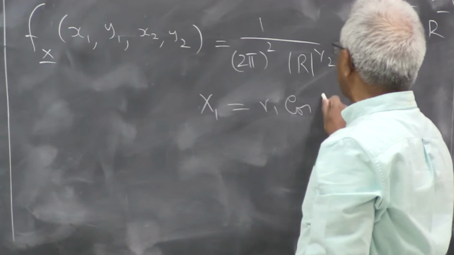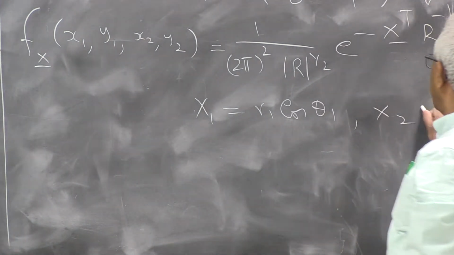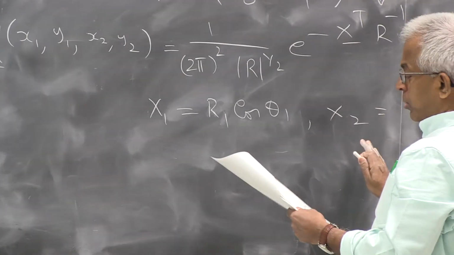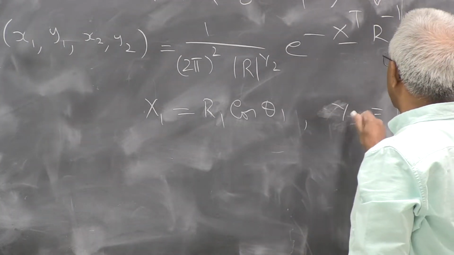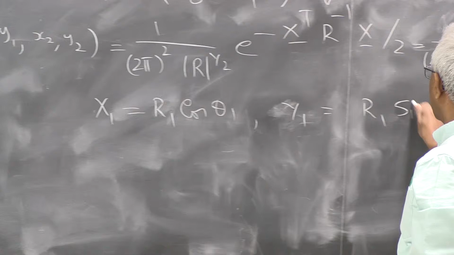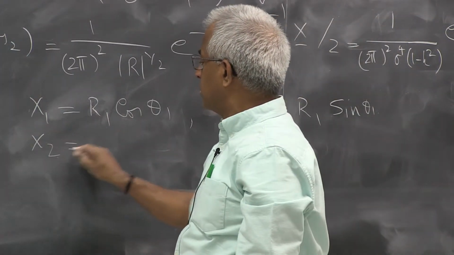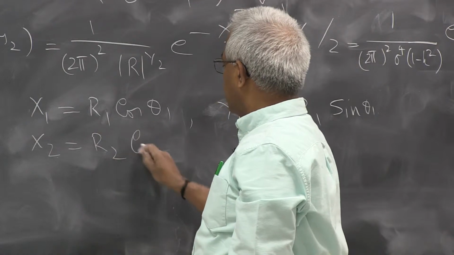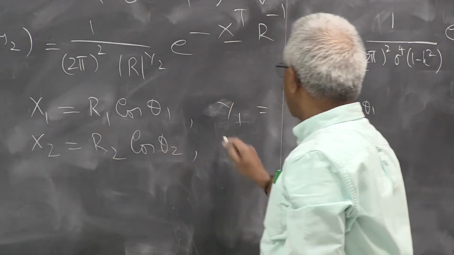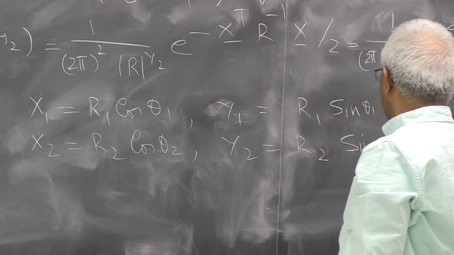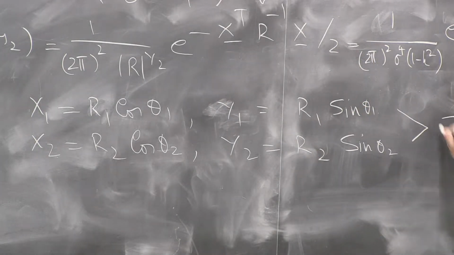I define x1 to be r1 cos theta 1, y1 to be r1 sine theta 1, and similarly x2 is r2 cos theta 2, y2 is r2 sine theta 2. As you know, the Jacobian, if you do this, will turn out to be simply r1 r2.